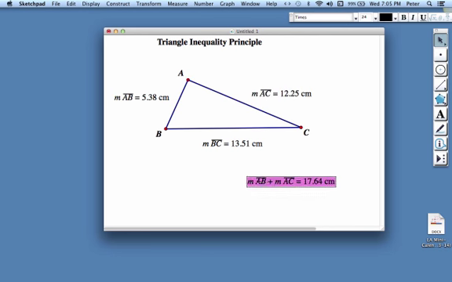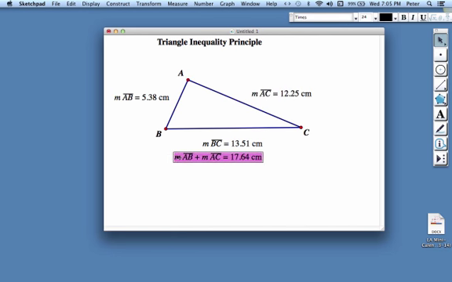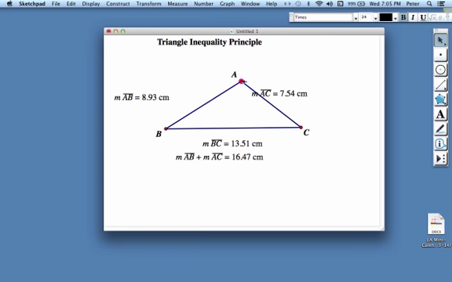Now I've had the computer show us that calculation, and you'll notice that no matter what, this is always true. Except if I start moving A closer and closer to the opposite side, I can get pretty close until I get exactly at 13.51. But you can see I no longer have a triangle. I have a collapsed triangle.